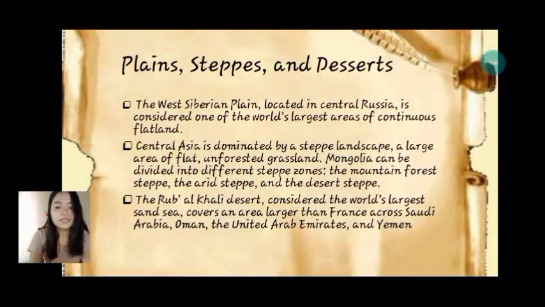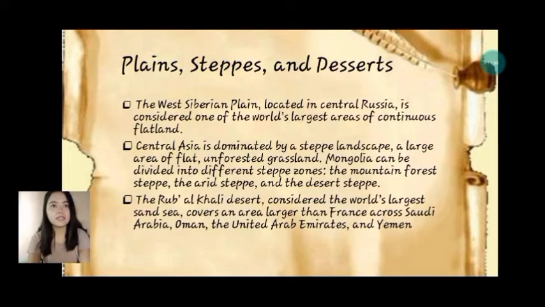It extends from north to south about 2,400 kilometers or 1,500 miles, and from west to east 1,900 kilometers or 1,200 miles, with more than 50% of its area less than 100 meters or 330 feet above sea level. The plain contains some of the world's largest swamps and flood plains.